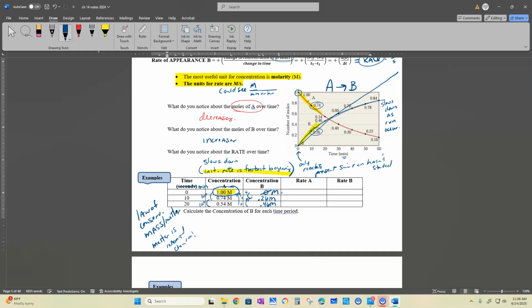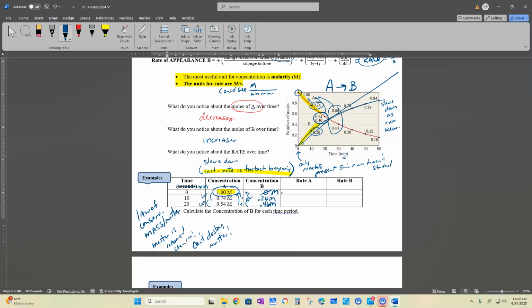And the next 20 right there, 54 and 46, okay? And these ones right here, okay? Everybody has to equal that 1 molarity that you had in the beginning. So you can't destroy matter. You have to rearrange it, okay? So whatever you start with, both values have to equal that starting concentration.